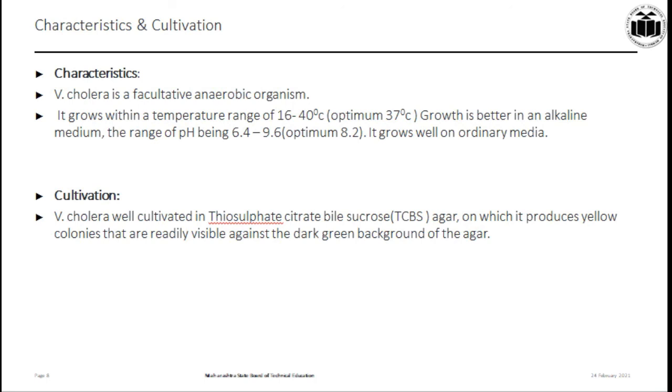For specialized cultivation in the lab, Vibrio cholerae should be cultivated on TCBS agar, that is thiosulfate citrate bile sucrose agar, on which Vibrio cholerae gives yellow colonies that are readily visible against the dark greenish background on the agar plate.